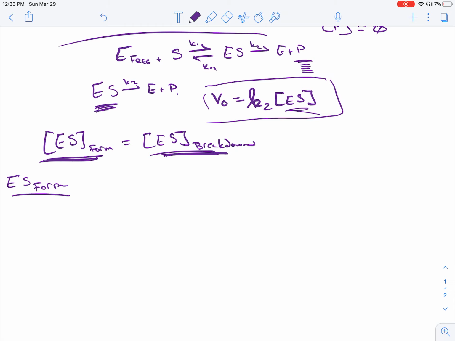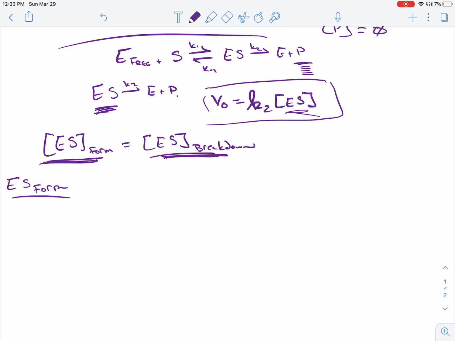How does that happen? Well, let's see. This is the equation. Let me change colors here. This is the equation, right? The way to get to ES is only one way, right? It is K1 times the substrate concentration.